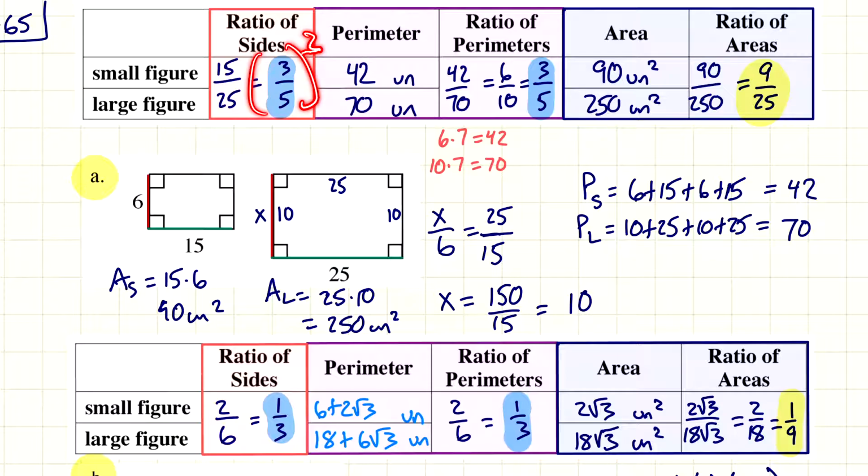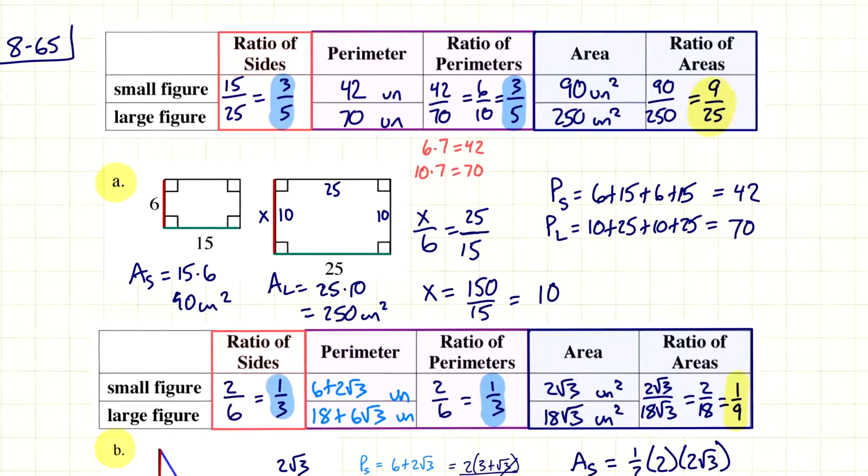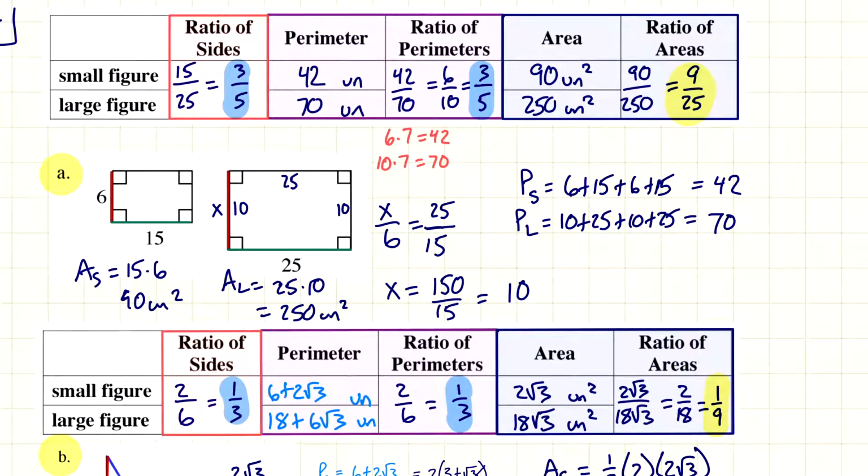So what happens when you take 3 squared? It gives you 9, and when you take 5 squared, it gives you 25. So this ratio of areas was really the same thing as 3 over 5 squared.